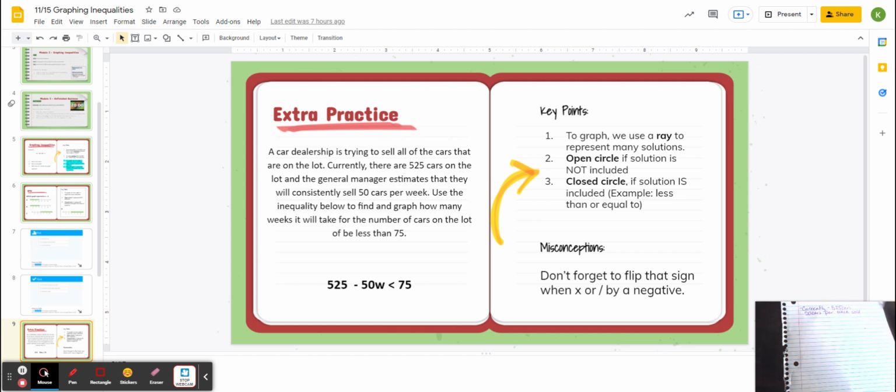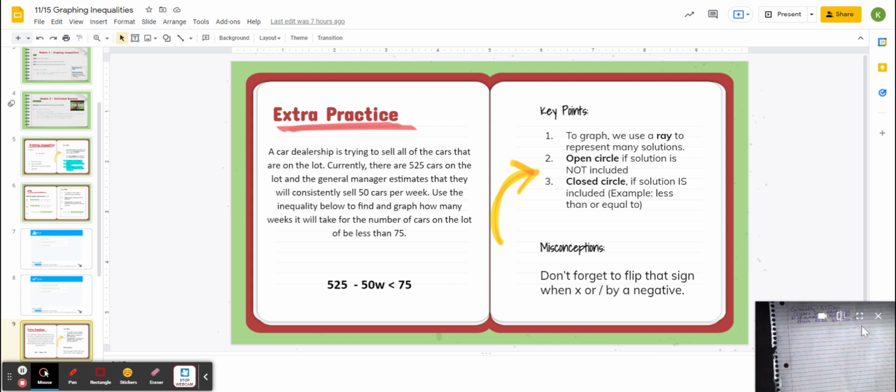So 50 cars per week are sold. We're using the inequality below to graph how many weeks it would take for the number of cars on the lot to be less than 75. So the number of weeks it takes for there to be less than 75 cars.